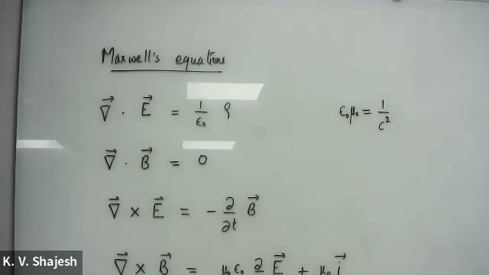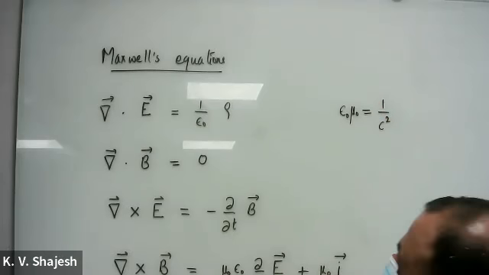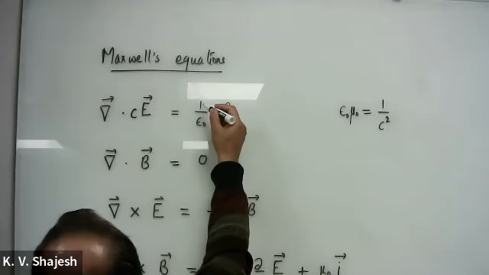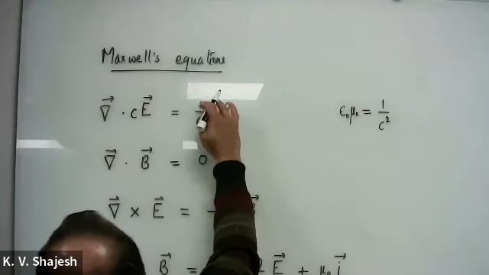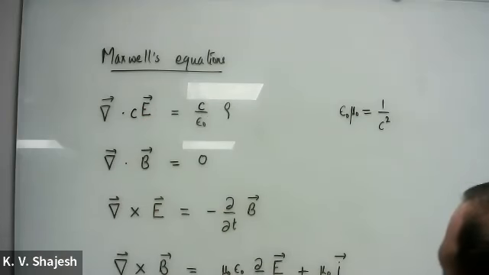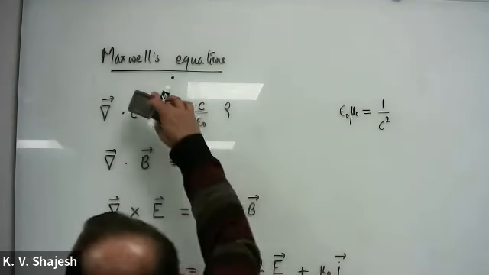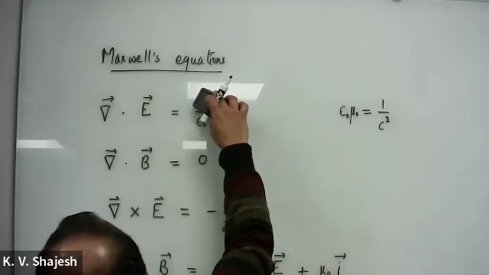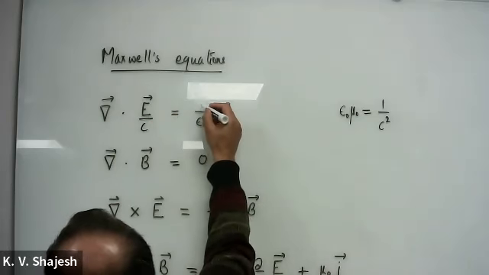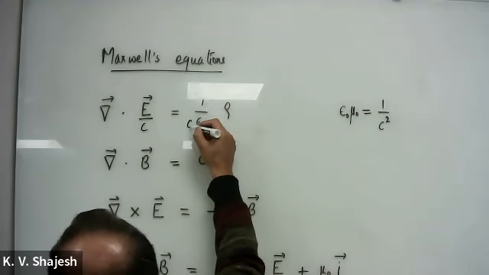So let me multiply by a c here. So that gives me a c here. And no, that's not what I want to do. I want to divide by c and then divide by c here.